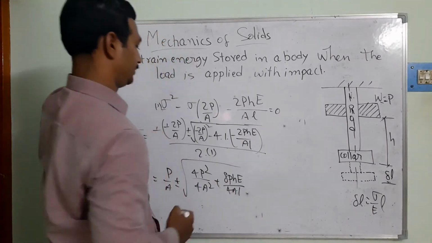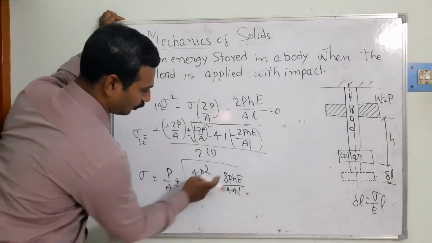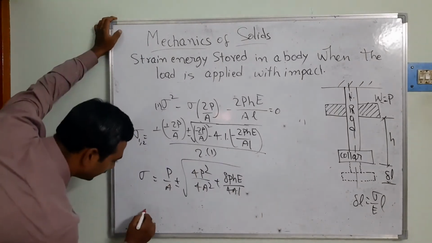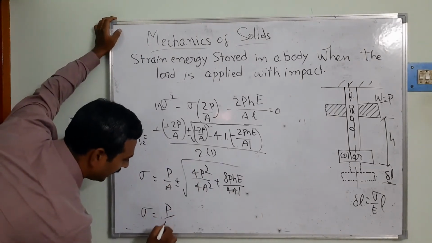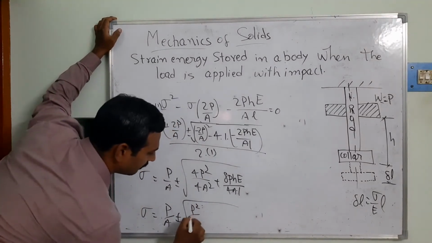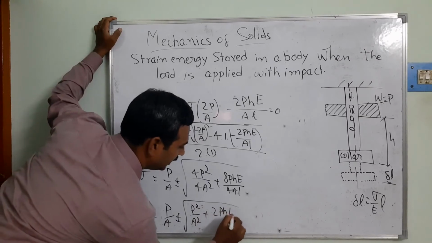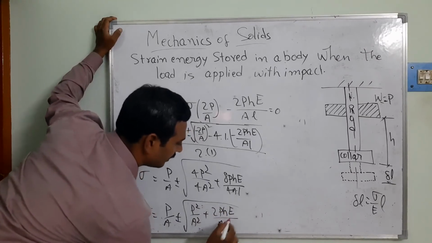And for further simplification of this equation, I am taking the 4 out, so sigma is equal to P by A plus or minus the square root of P square by A square plus 2PHE by AL, right.